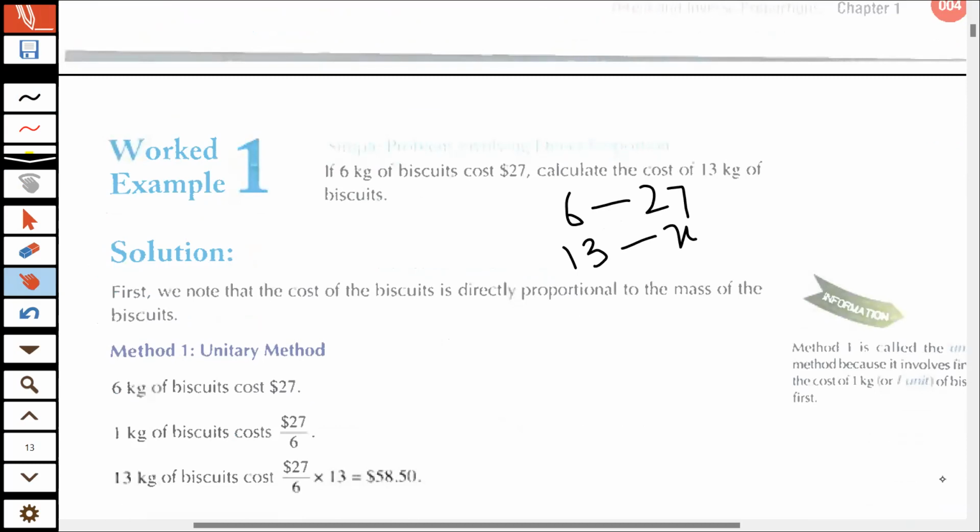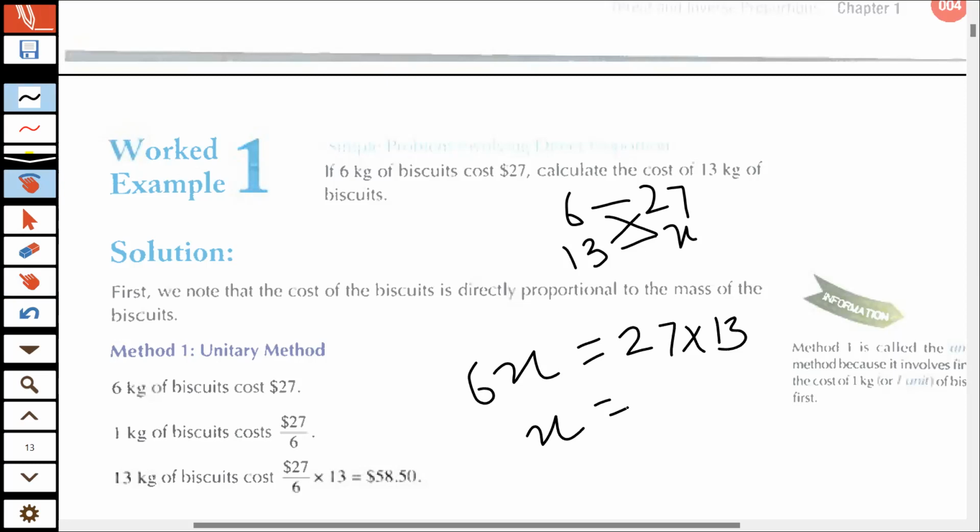So you'll cross multiply, as this is a direct relationship. We'll say 6x equals 27 multiplied by 13. x equals 27 multiplied by 13 upon 6.